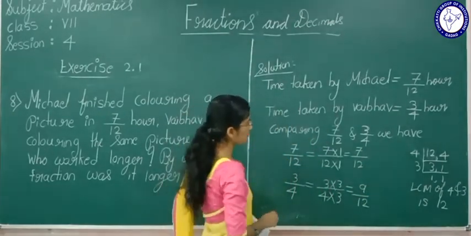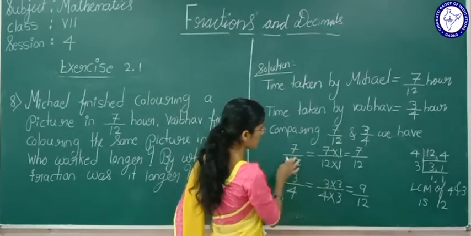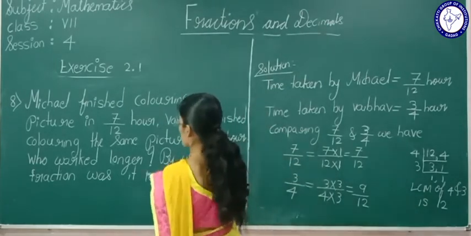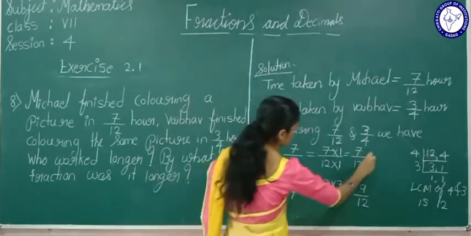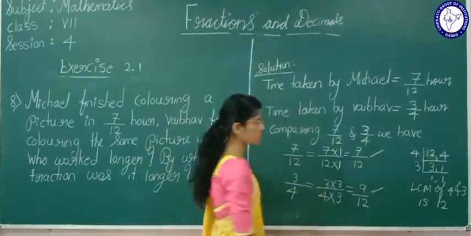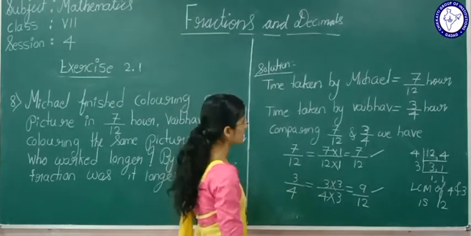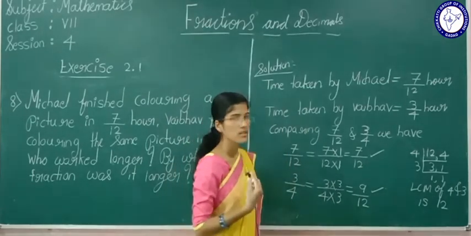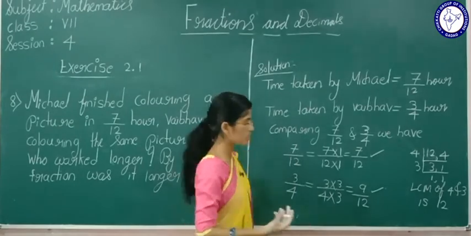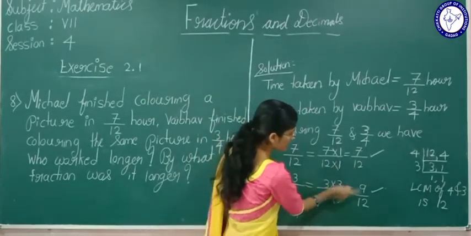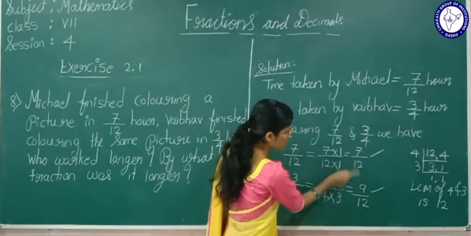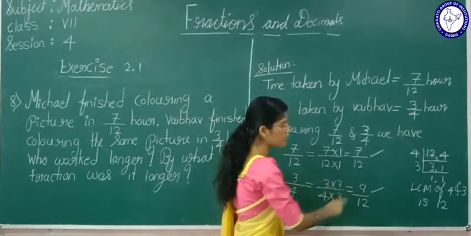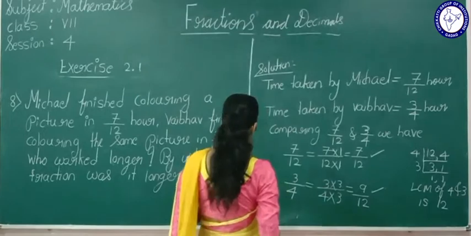Now see here, now tell me who had worked longer? Definitely Vaibhav had worked longer. Yes or no? Because see here denominators are same. 7 is bigger or 9 is bigger? Here 9 is bigger. Definitely Vaibhav had worked longer.